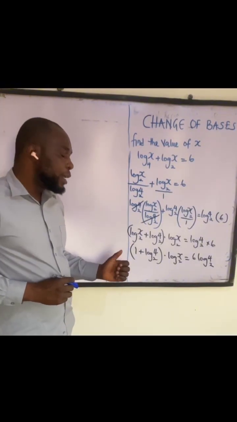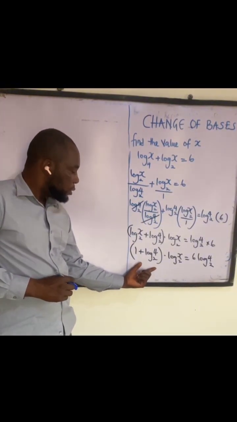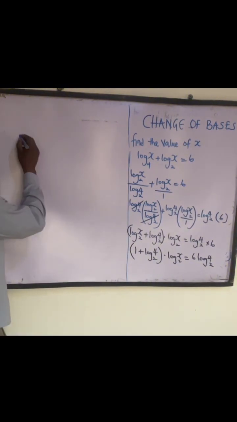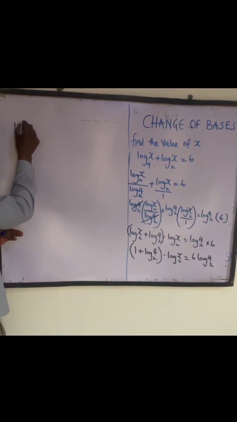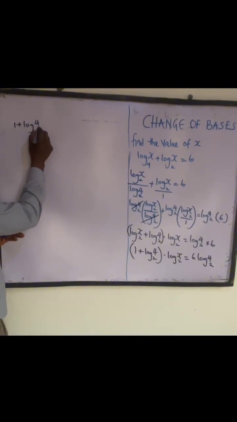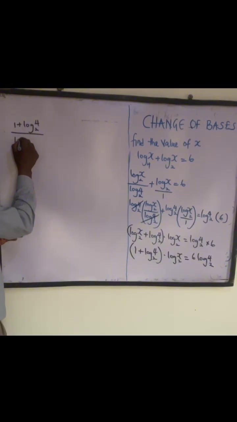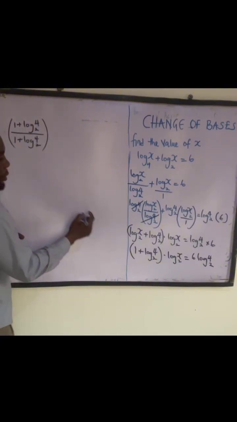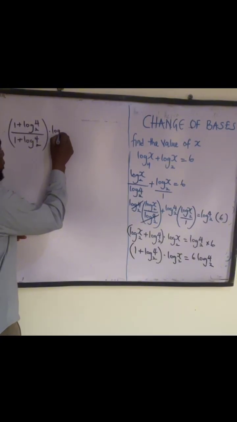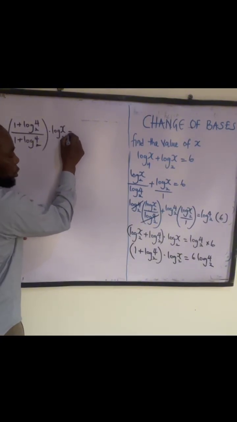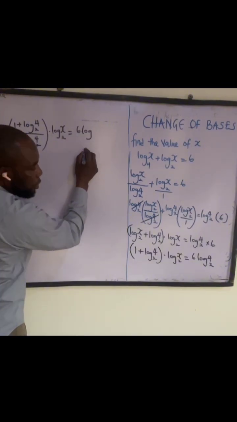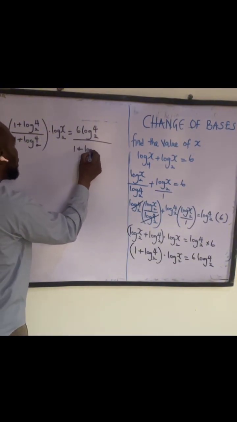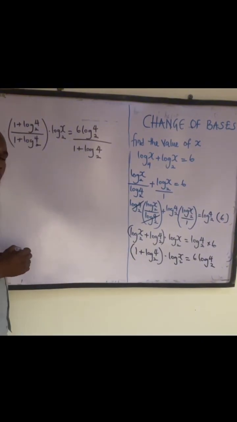Okay, so the next thing to do is to divide both sides by 1 plus log of 4 in base 2. So 1 plus log of 4 in base 2 divided by 1 plus log of 4 in base 2, multiplied by log of x in base 2, equals 6 log of 4 in base 2 divided by 1 plus log of 4 in base 2.